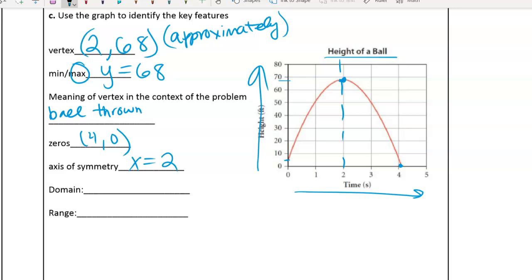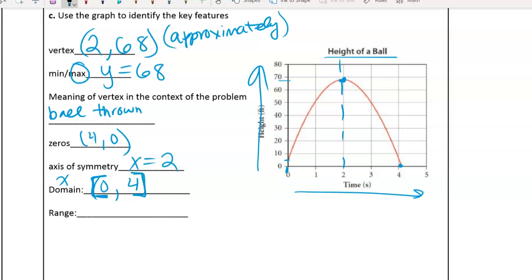Our domain, since we don't go from infinity to infinity, and this is a ball that starts at about 5 feet and ends at about 4 feet, we'll say our domain from left to right starts, and this is the x value, so we're not looking at the y value of 5, we're looking at the x value of 0. So the domain for the x value starts at 0, that is included, so it's going to be a bracket, and it ends at 4.